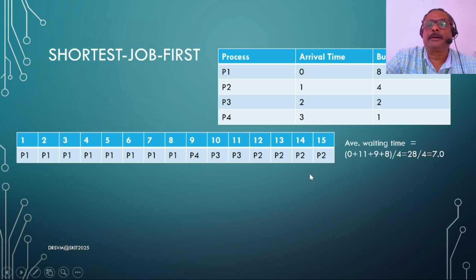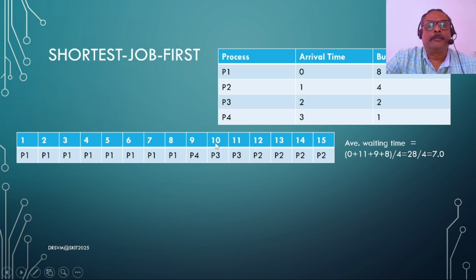Now if I look at the average waiting time, P1 begins immediately when it arrives, so the waiting time for P1 is 0. P2 starts at instant 12, so it waited for a while.